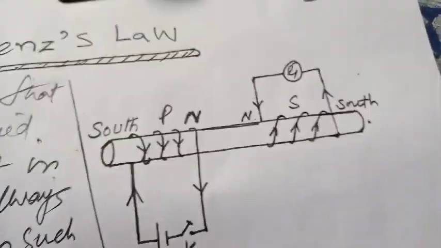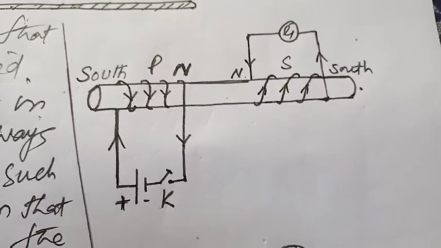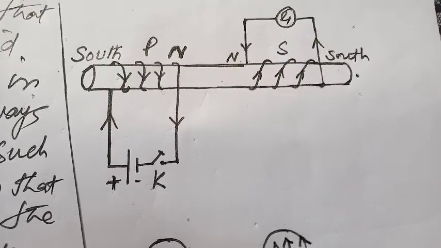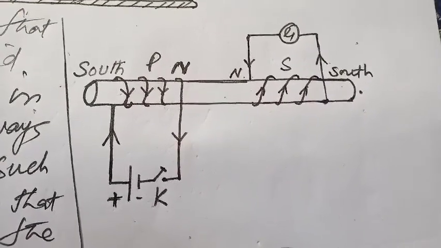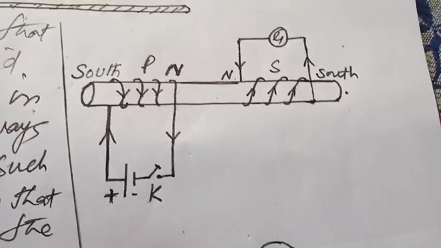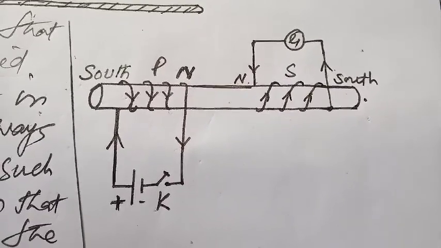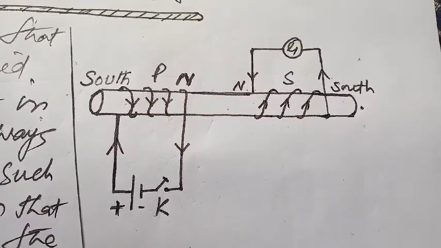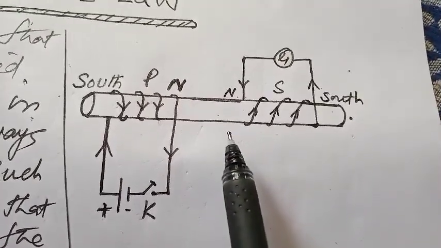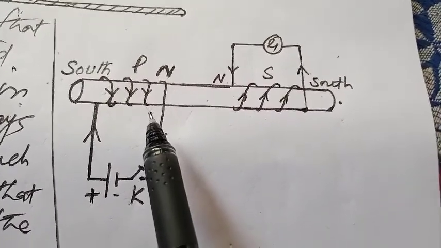So we have explained the direction of the induced EMF. Always, when EMF is induced in the secondary circuit, the induced current flows in such a direction that it always opposes the cause that produces it.